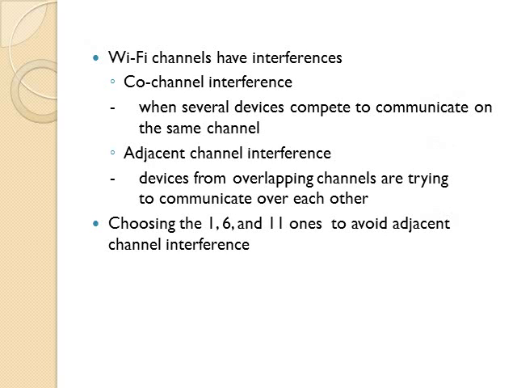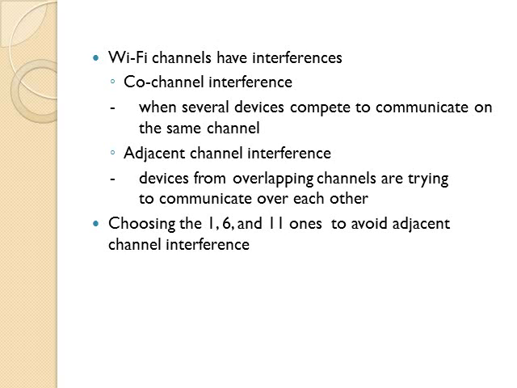When you consider these radio frequency signals, either the 2.4 gigahertz band or the 5 gigahertz band, there are interferences in these channels. One of them is co-channel interference. When several devices try to communicate on the same channel, co-channel interference occurs.